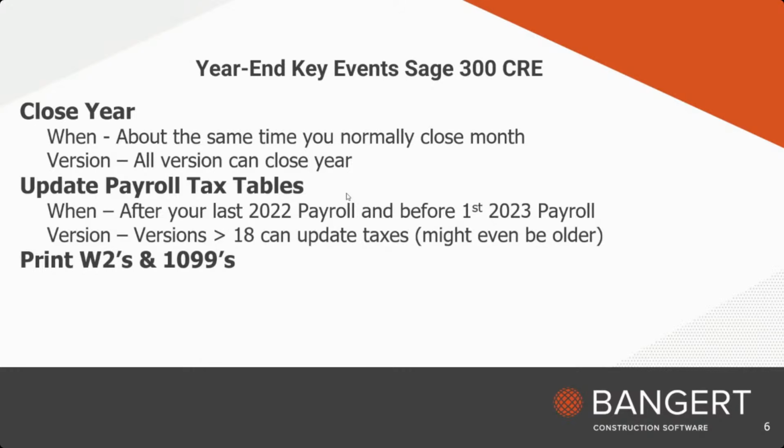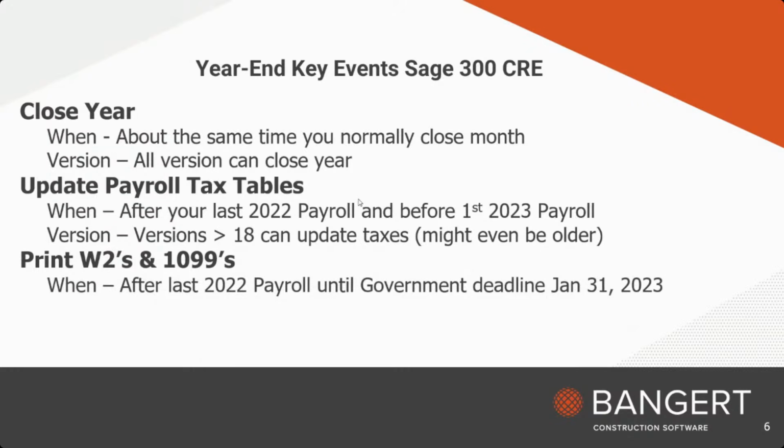So the biggest thing here is if you do produce W-2s and 1099s out of Sage, most people are probably going to do it somewhere after they get done with all their 2022 stuff, and you've got to get it done. My understanding, as far as what I could find, is this year looks like it's going to be the same as last year, that all the W-2s are supposed to be out by January 31st.